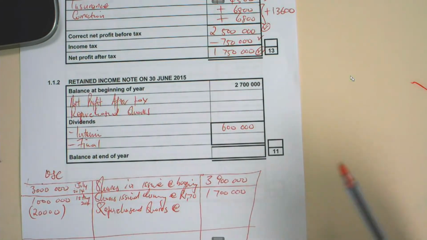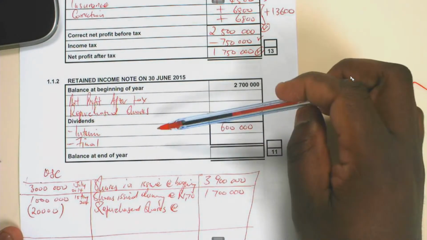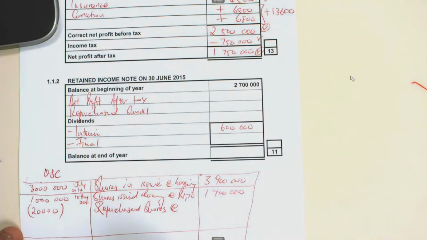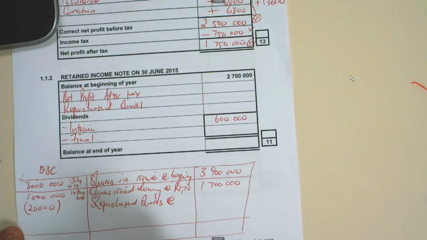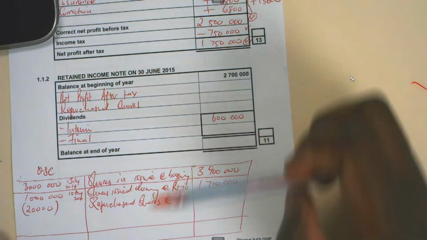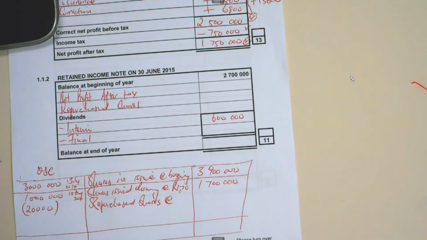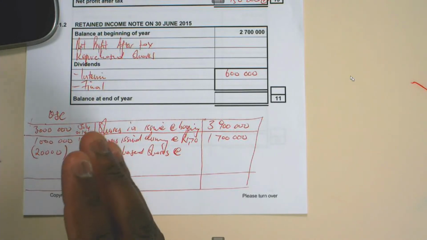Right, now this is a point that I wanted to explain to you. Look at our note number 7, note number 8. We repurchased shares at R2.50. This R2.50 is the whole price at which shares were repurchased. But now remember, the company or the directors are in desperate need of these shares.